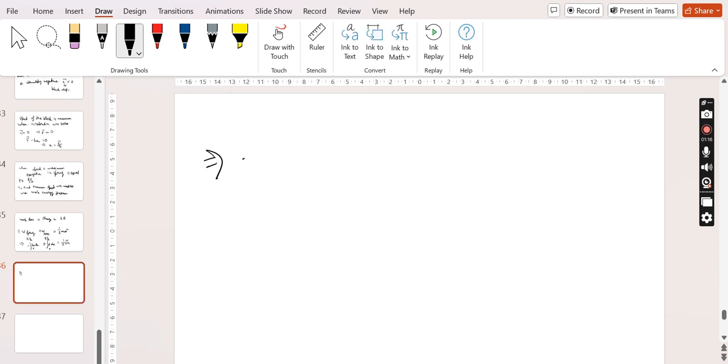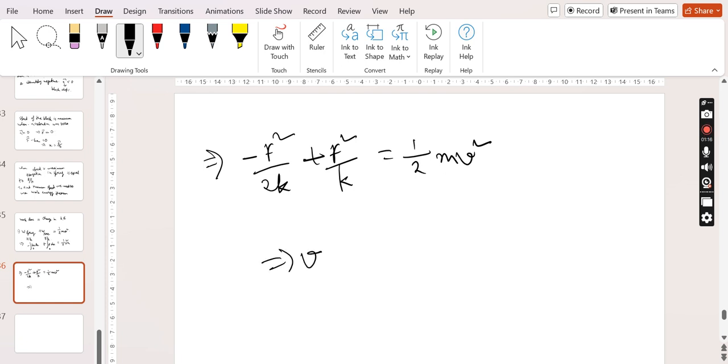So after integration we get F squared by 2k equals half of mv squared. So v is equal to F by the root of mk.